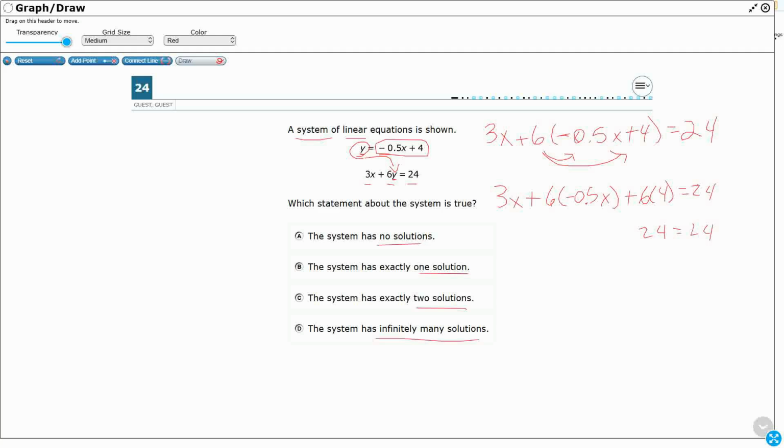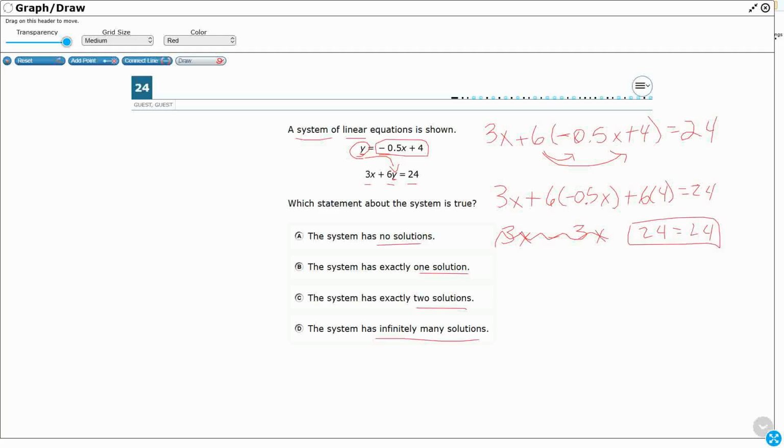All right. So that's going to be a negative something, and then 6 times a half is just going to be half of 6, which is 3. So look what I'm getting here. I'm getting 3x minus 3x. Well, those two are just going to cancel out, so I just get 24 equals 24.